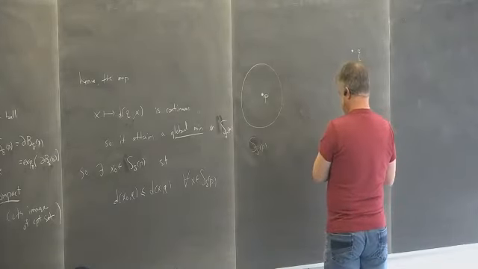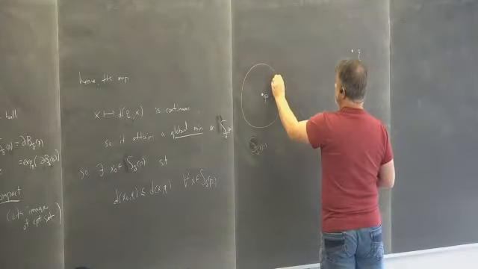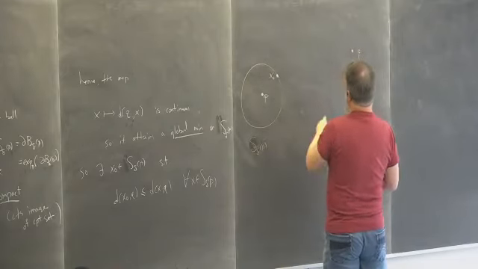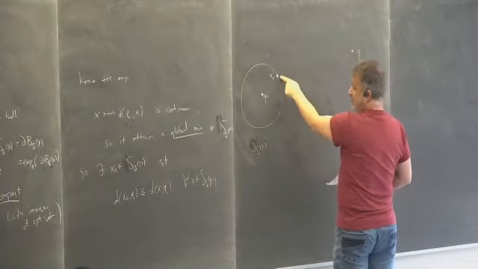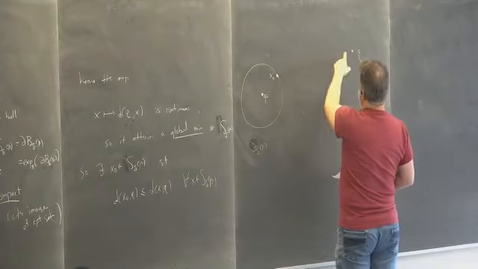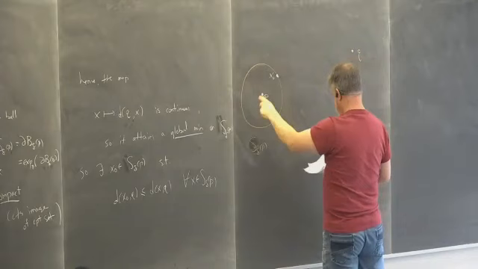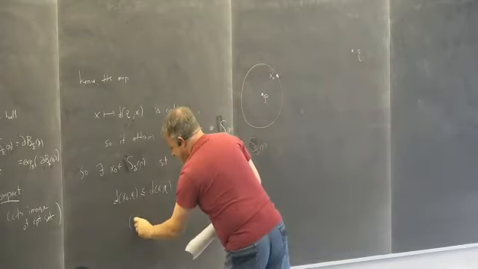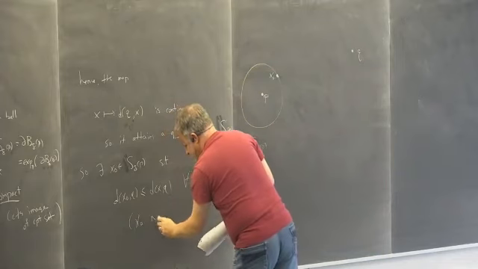So there's some point x naught so that the distance from Q to x naught is less than or equal to the distance from Q to x for any other x on here. Okay, so notice x naught need not be unique.